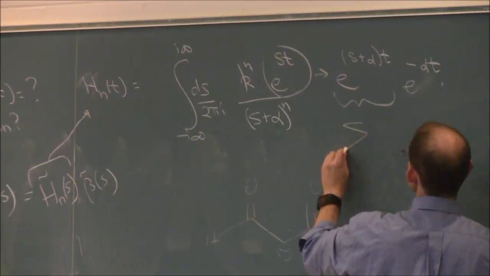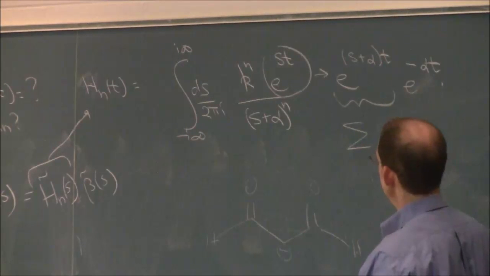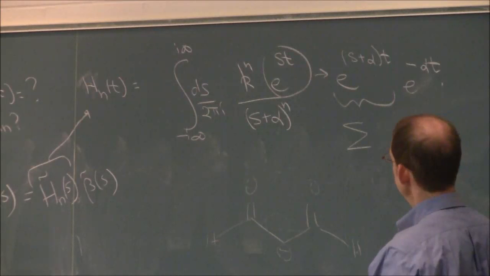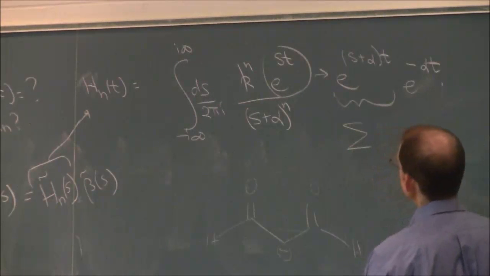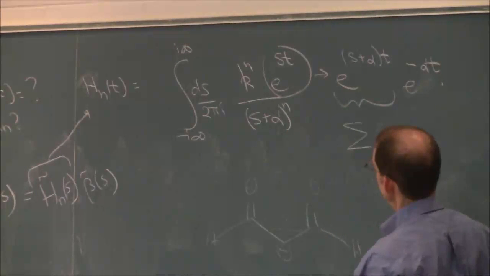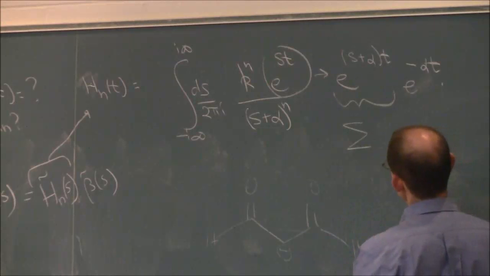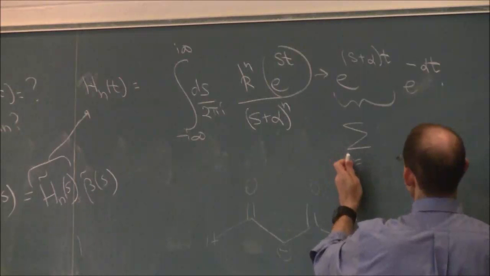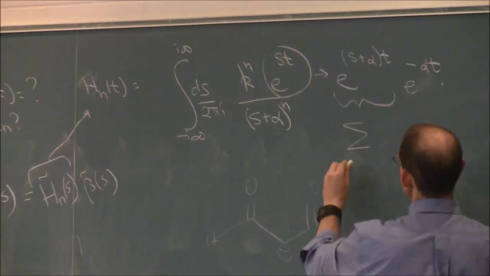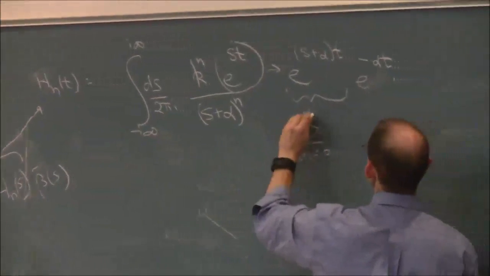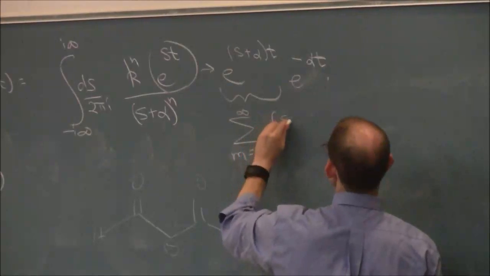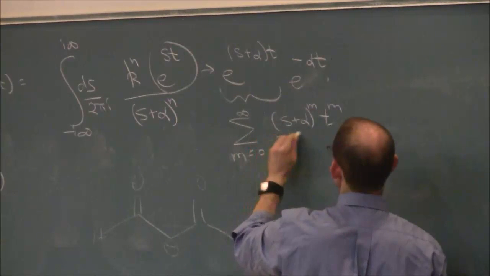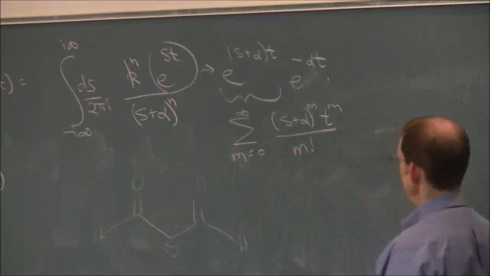So this is equal to the sum from, now I need an index variable. I don't want to use n because we've already used it in k. And j looks too much like i. Say l. Actually, l is bad, so say m, from 0 to infinity, of s plus alpha to the m, t to the m over m factorial.